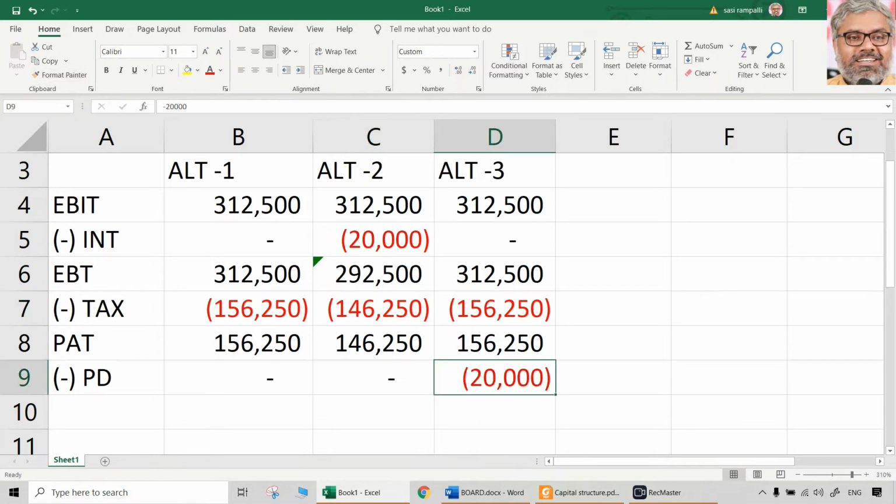Just to show which is to be reduced, which is to be added, I'm showing it with color combination. You don't have to do that in the exam, you cannot do that also. So here preference dividend is 20,000.